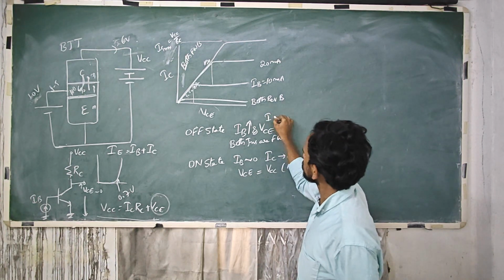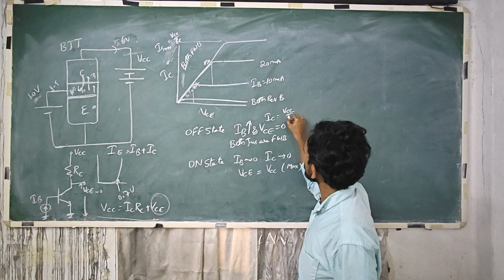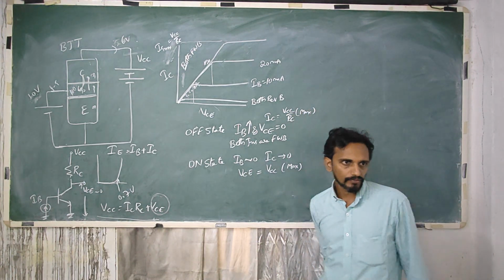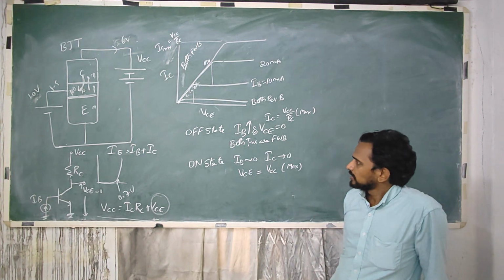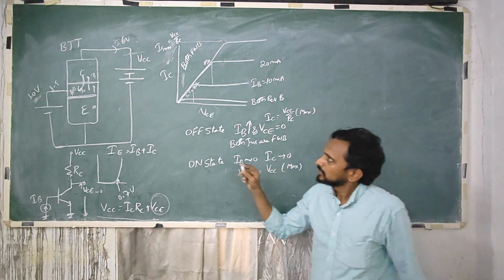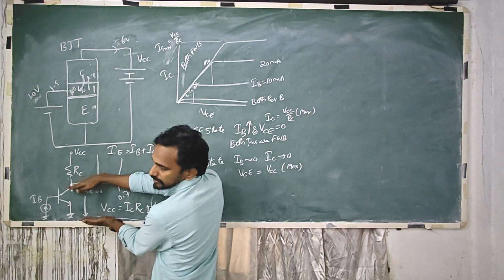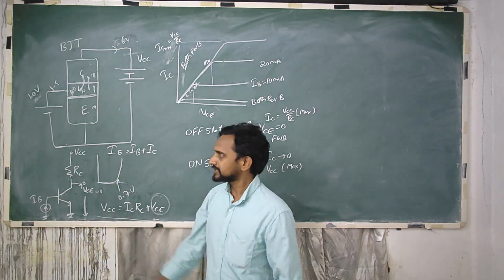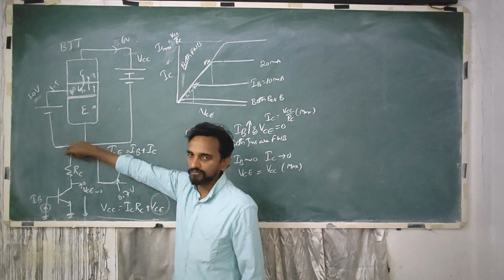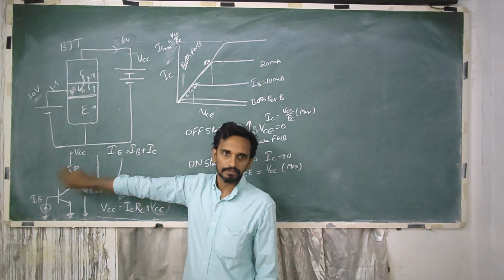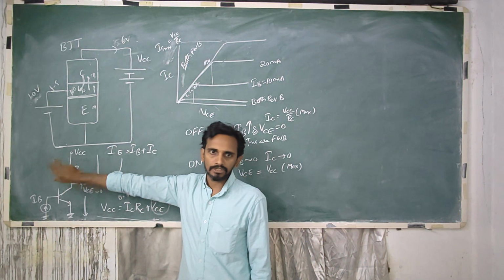So what do you see? The entire voltage will be dropped here. Let's say you are supplying 10 volts or 15 volts here. The entire voltage will be dropped at VCE. There is no voltage drop across RC.